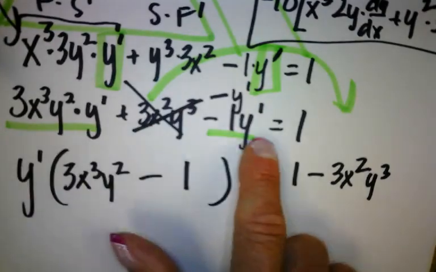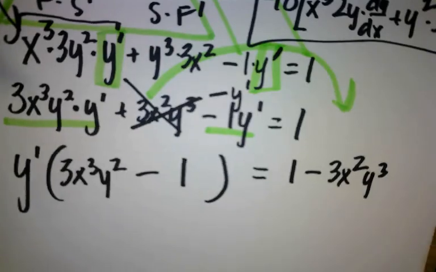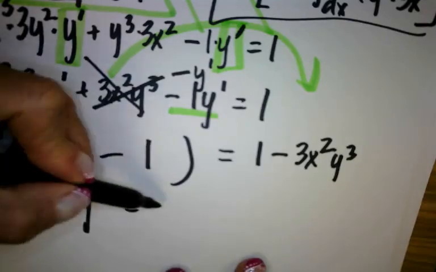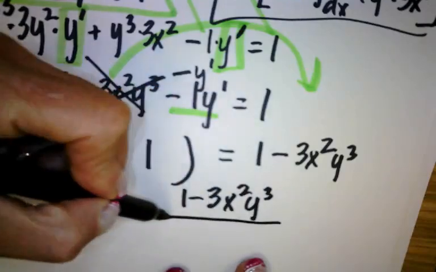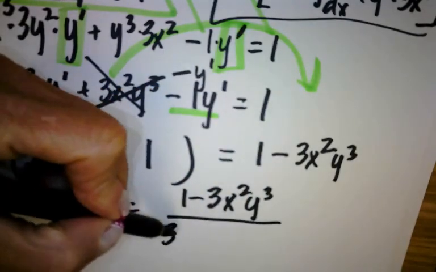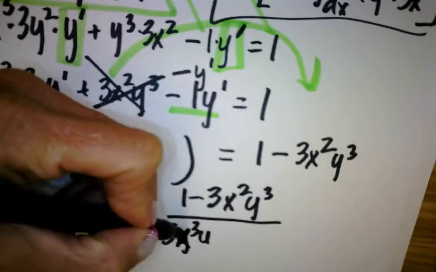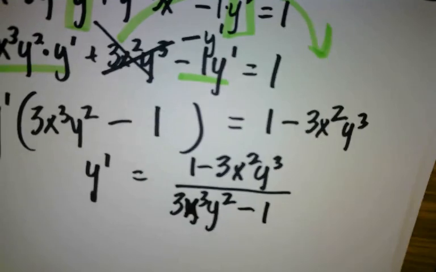All right, now all I have to do to get y prime is divide this over here. So this is 1 minus 3x squared y cubed all over x cubed y squared minus 1. Now these might look similar, you might think things cancel, but absolutely not.